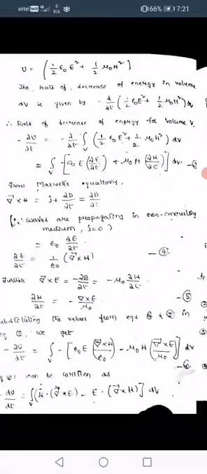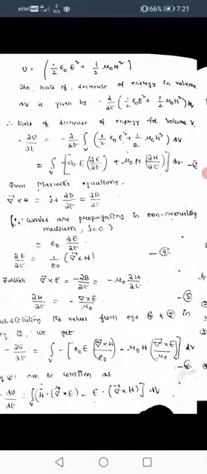So finally you will get curl B equal to mu naught J. But we know that B equal to mu naught H, so curl H equal to J. The modified form of Ampere's law is curl H equal to J plus dou D by dou t, where dou D by dou t is the displacement current, that is the current due to varying electric field.